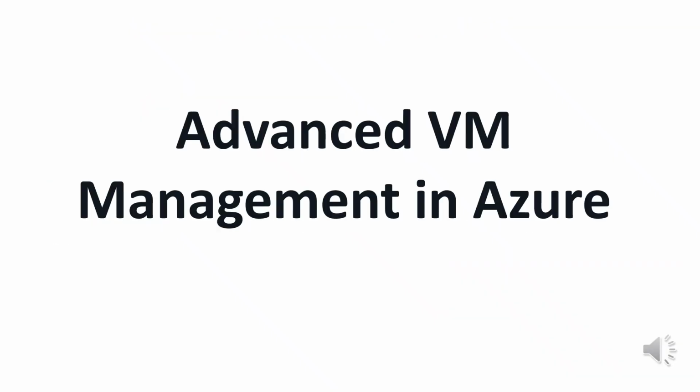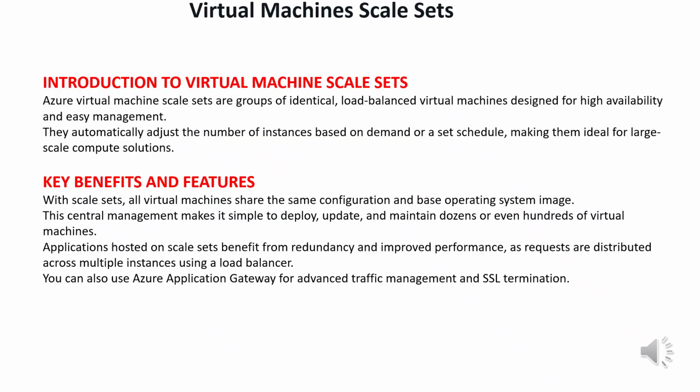Advanced VM management in Azure. Azure Virtual Machine Scale Sets are groups of identical, load-balanced virtual machines designed for high availability and easy management. They automatically adjust the number of instances based on demand or a set schedule, making them ideal for large-scale compute solutions. Key benefits and features. With scale sets, all virtual machines share the same configuration and base operating system image.